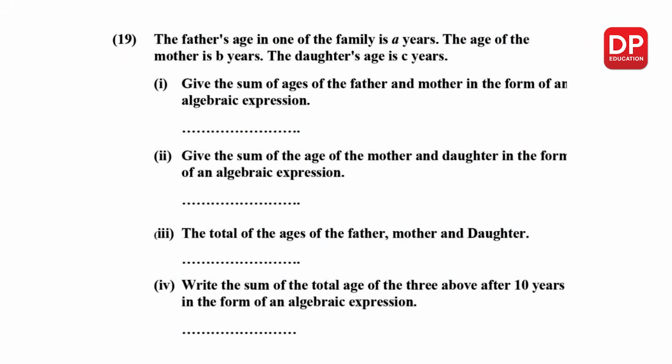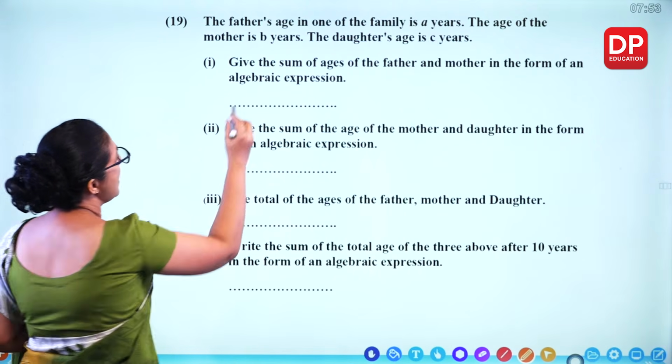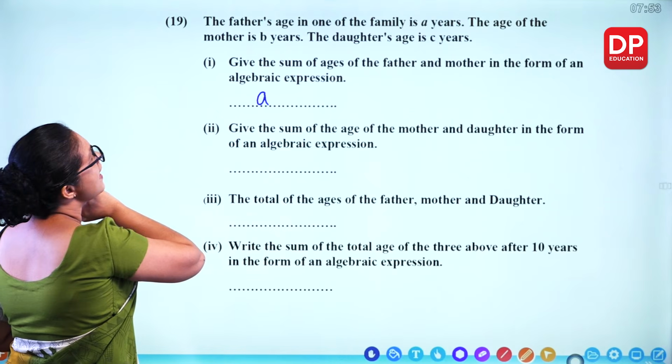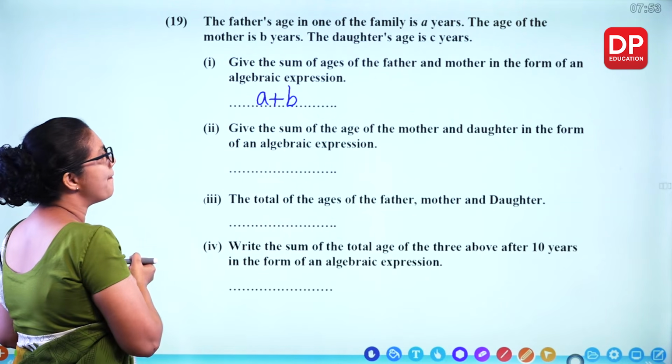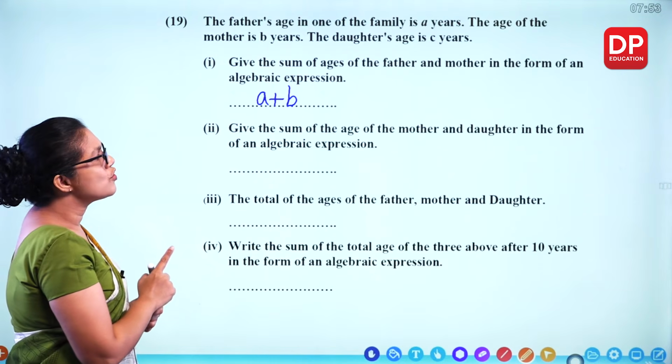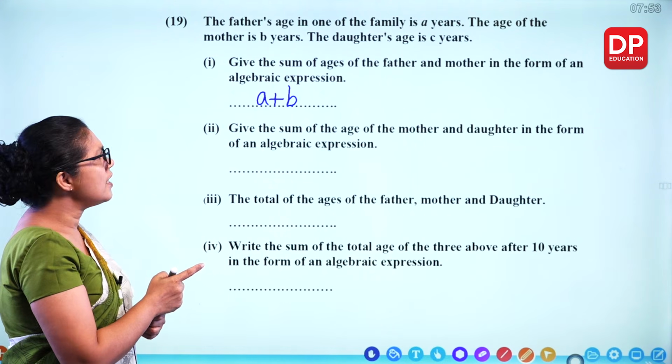The father's age in one of the families is A years. The age of the mother is B years. The daughter's age is C years. Give the sum of ages of the father and mother in the form of an algebraic expression. Father's age is A, mother's age is B, so the total is A plus B. Give the sum of the ages of the mother and daughter in the form of an algebraic expression.